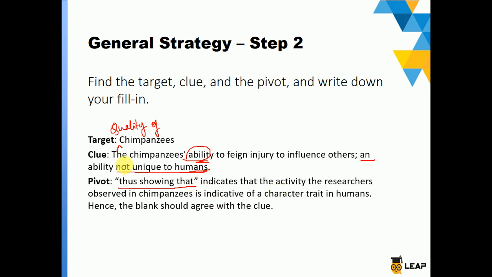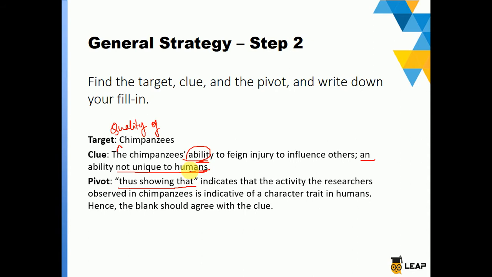So the clue is the chimpanzee's ability to feign injury. So, because you are using the words thus showing that, you are trying to tell your reader that the activity that the researchers have observed is very human-like. So it is something that will agree with the clue, which is the chimpanzee's ability to be human-like.